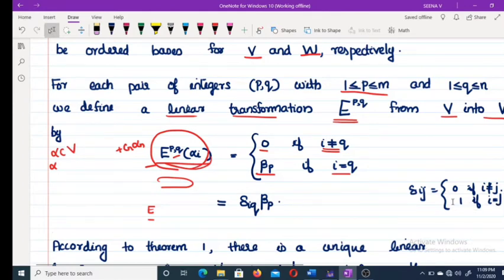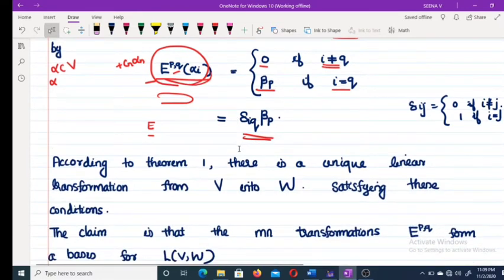Then if you multiply this with beta p, we get beta p. Therefore, you can write E^{p,q}(alpha i) equal to delta iq beta p. Clear? So we have mn linear transformations E^{p,q} defined like this.